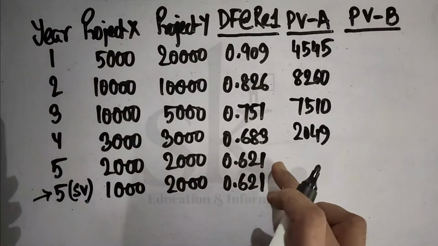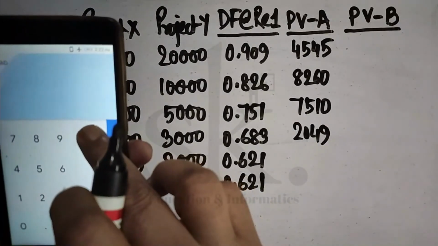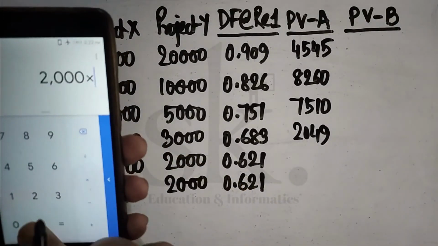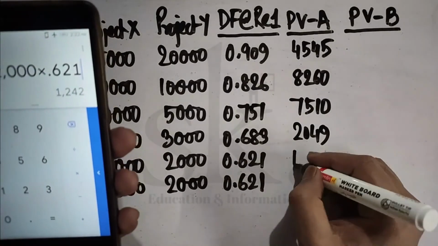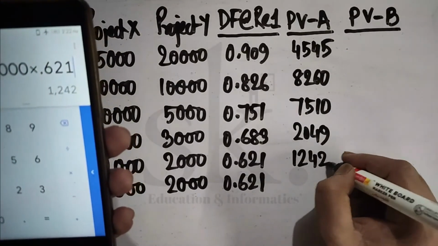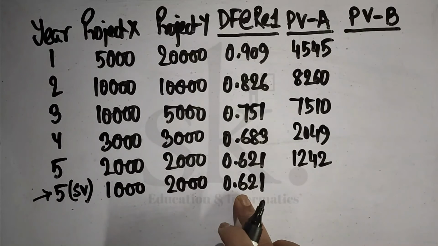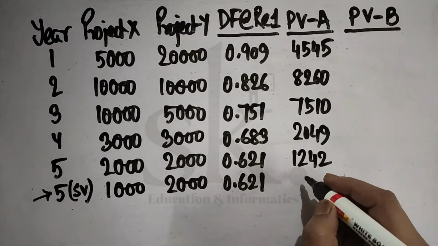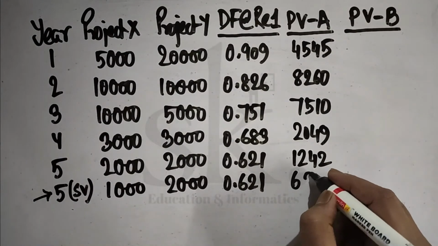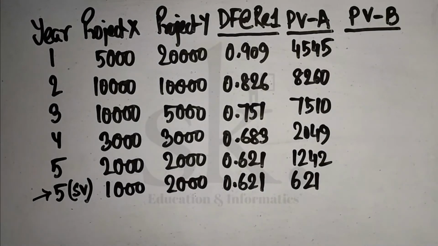The next one is 2,000 into 0.621, we are getting 1,242, and the last one, 1,000 into 0.621, is 621. So I hope this part is clear.